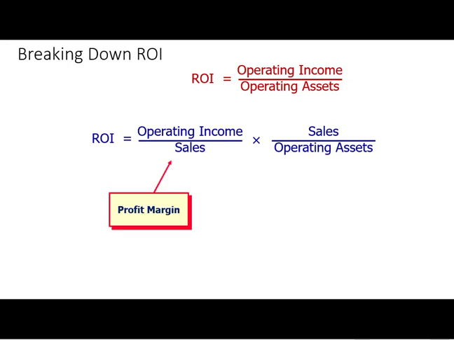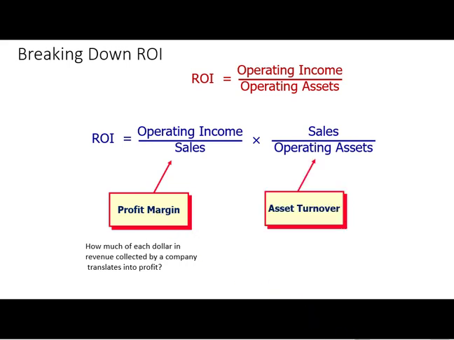And let me give you that. Profit margin, which is how much each dollar in the revenue collected by the company translates into profit. And this profit margin is always expressed as a percentage. And like I said, sales divided by operating assets, that's something called asset turnover. And here what you're saying is, how many sales could I generate by the number of assets that I had to use or to work with?